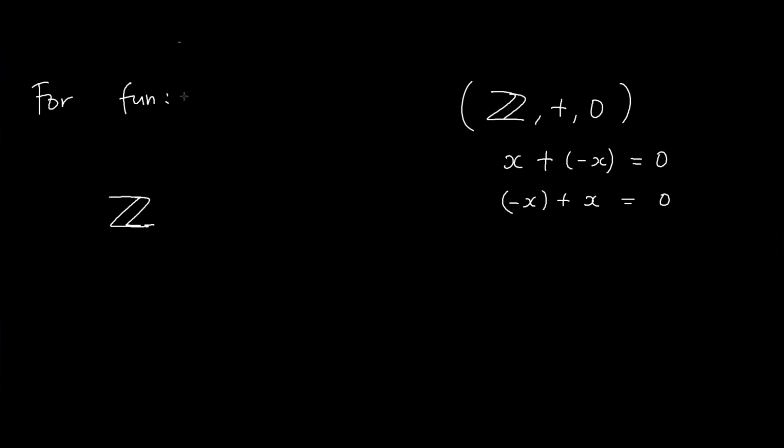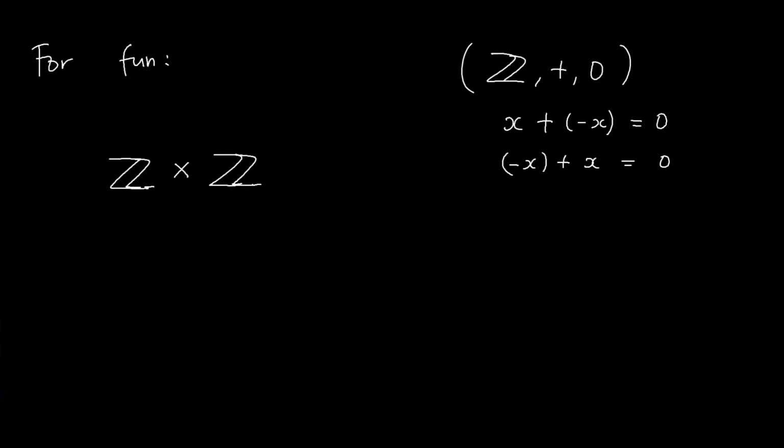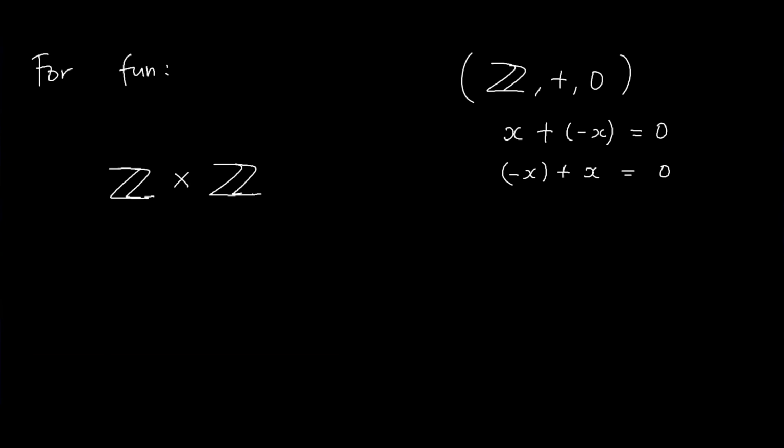Now we could take the Cartesian product of integers with itself. This will still be a monoid. We can define operations just coordinate-wise. This is how, for example, we can turn a real line into a plane, and the structure of the real line transports to a plane, and that's what gives rise to the two-dimensional vector space. So how do we define the addition and the 0 in the Cartesian product?